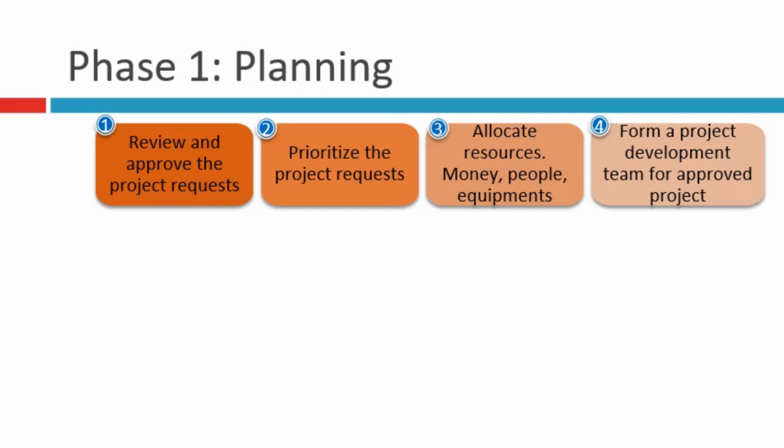So each unit might come with 2 or 3 ideas in mind. For example, biology comes with 3 project proposals. Mathematics might come with 2 project proposals. Chemistry comes with 5 project proposals. Right? And UPAM comes with only 1 project proposal.